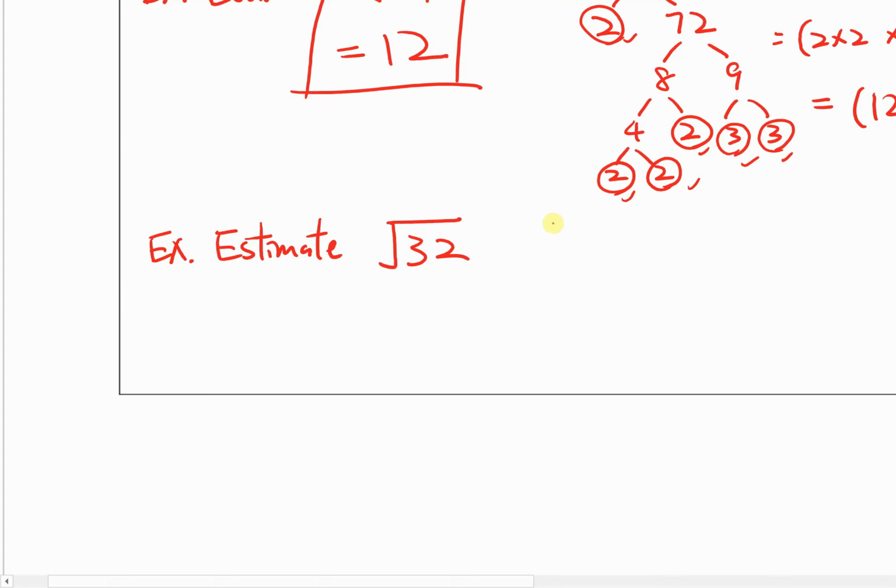Now, I know that 5 squared is 25, and I know that 6 squared is 36. Now, 32 is in between 25 and 36. And therefore, I know that the square root of 32 will be 5 point something.